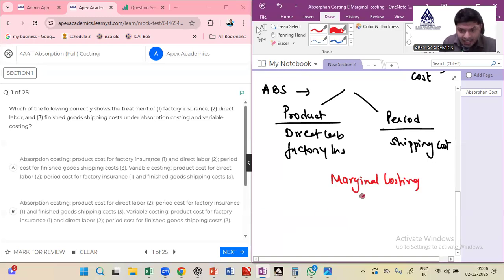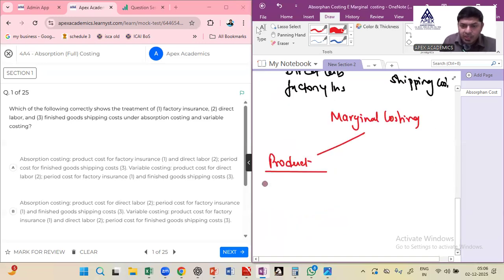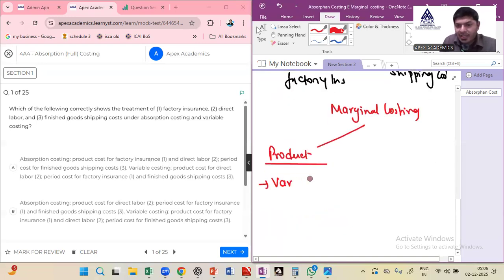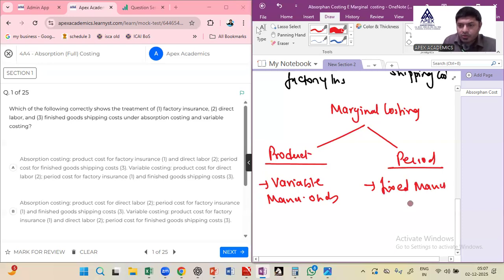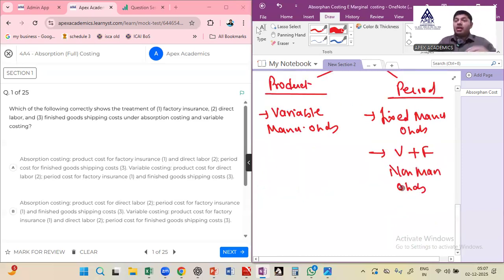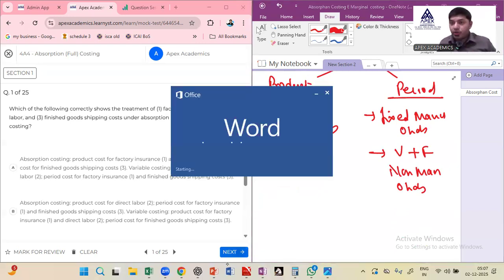Marginal costing or direct costing says my product costs are only and only going to be my variable manufacturing overheads, whereas period costs will comprise of number one, the fixed manufacturing overheads, and they will comprise of variable as well as fixed non-manufacturing overheads.